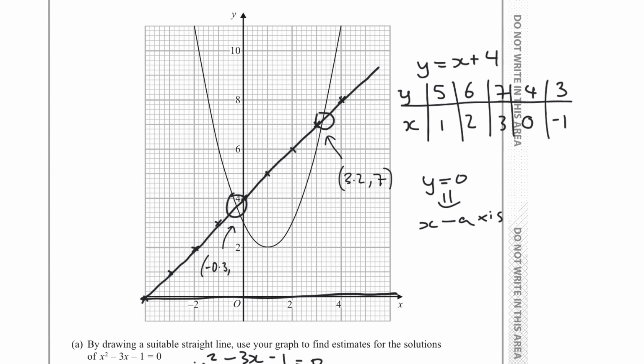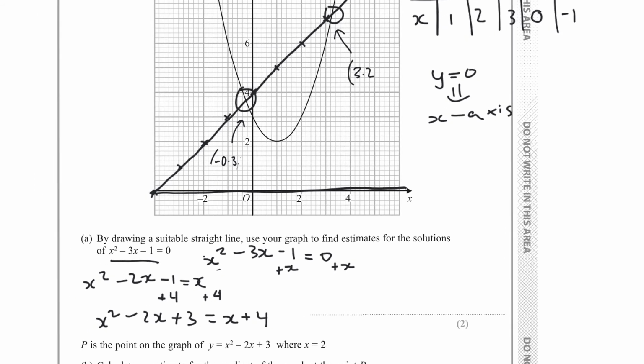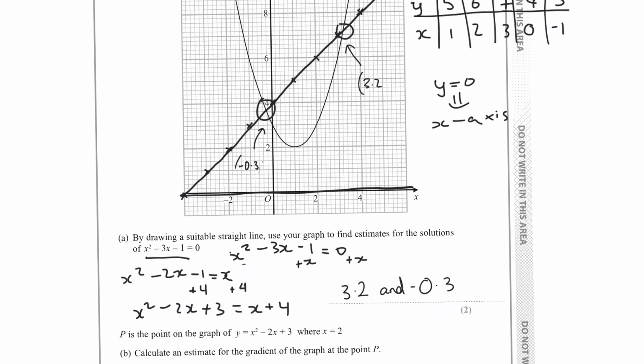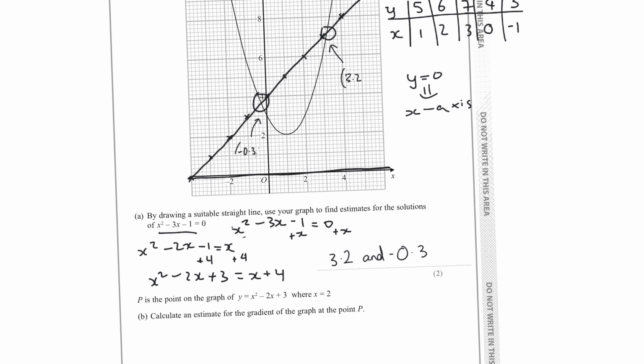The y value is crossing 3.7 roughly. Okay, so now that we have our coordinates, basically at that point, because it's now equal to 0, then it's when y is equal to 0. And if y is equal to 0, then we don't really care about the y coordinates, therefore just the x ones. And so the solutions when it's equal to 0 would be 3.2 and minus 0.3.